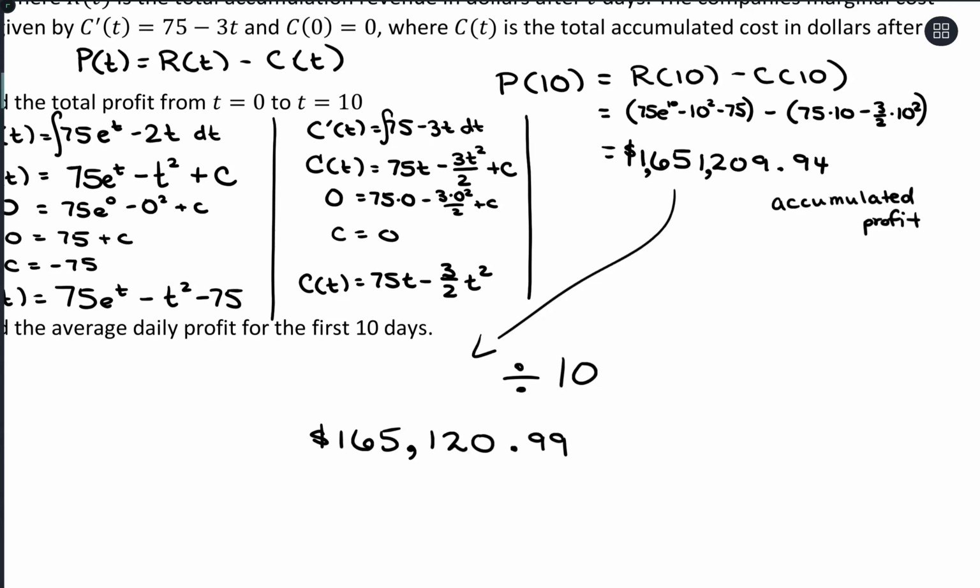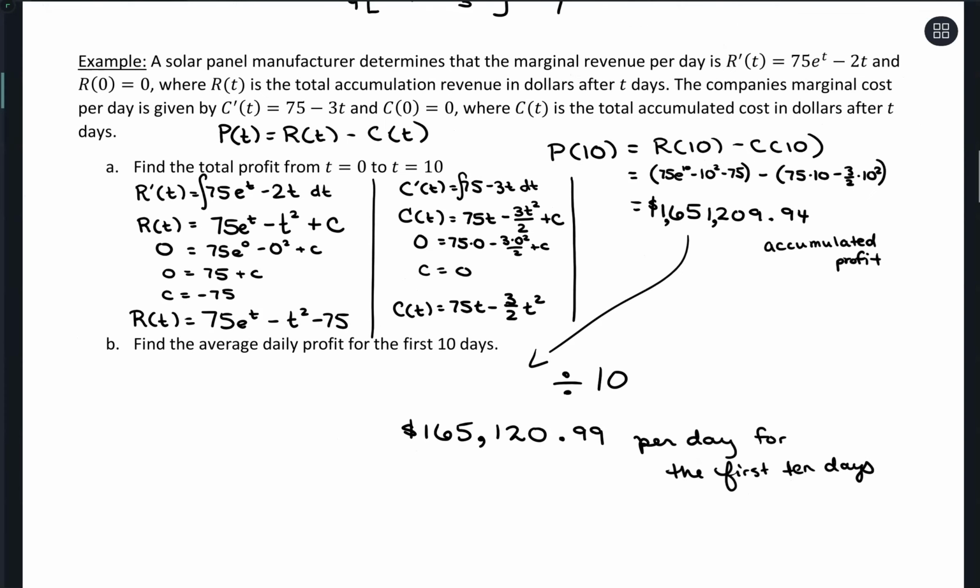Sorry, I got kind of lost writing the numbers. $165,120.99. That's how we would say it. And that would be per day for the first 10 days on average. So with that one, using antiderivatives and profit, revenue, costs together, and with that we can find our average daily profit.